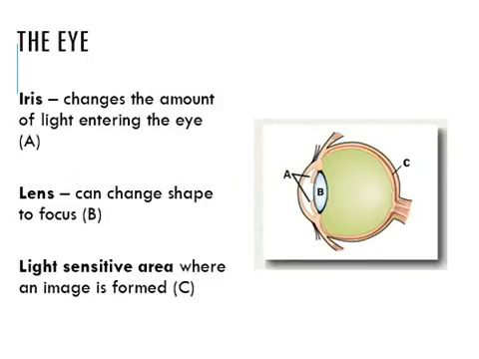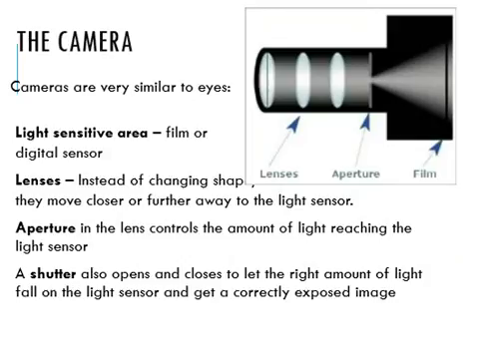Because a camera works very much like an eye in that we have a lens, a focus, and an aperture ring called an iris in your eye that changes the size of the hole, changes the amount of light that goes into the eye, and once it's been focused, there's a light sensitive area at the back. Your eye is recording information all the time, but in the camera it's split into distinct little chunks of information.